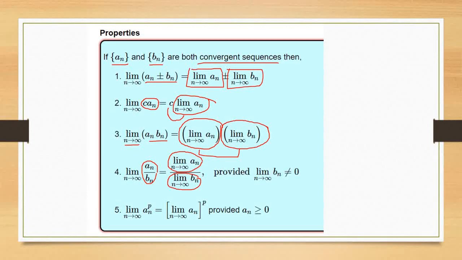And then to get the limit of a convergent sequence raised to a particular power as n approaches positive infinity, this is just the same as getting first the limit of a sub n and then raising it to the power.